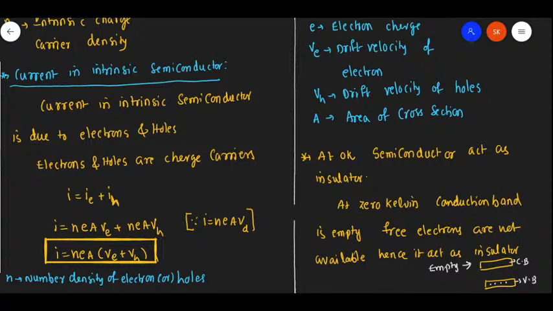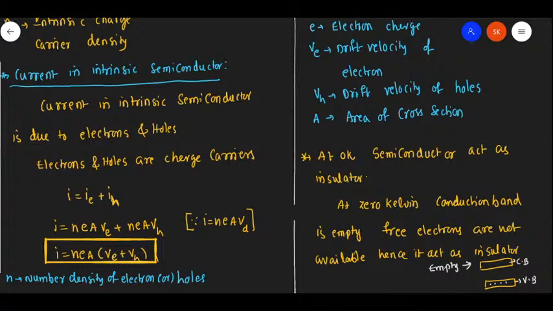Puneet said that the energy difference between the conduction band and valency band is more in the insulator, but in the semiconductor it is less. Even though the energy gap is less, the energy required to jump comes from thermal heat at room temperature. But 0 Kelvin means minus 273 degrees Celsius.